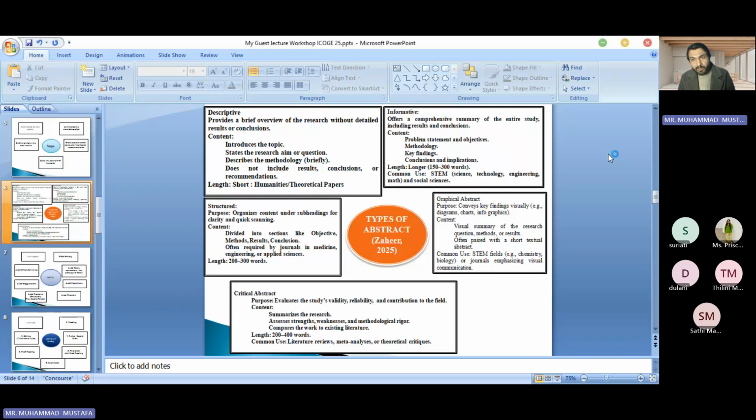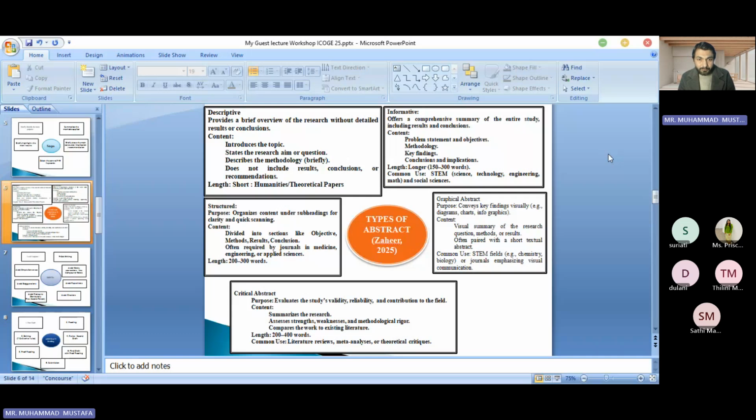So a visual summary of these research questions or methods or results is highlighted with the help of graphs and pictures, images as well, and often paired with a short textual abstract. It's commonly used in STEM fields like chemistry, biology, and journals emphasizing visual communication.